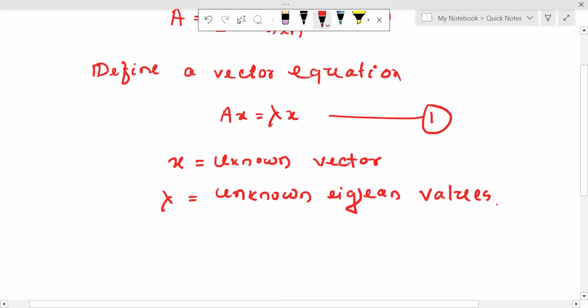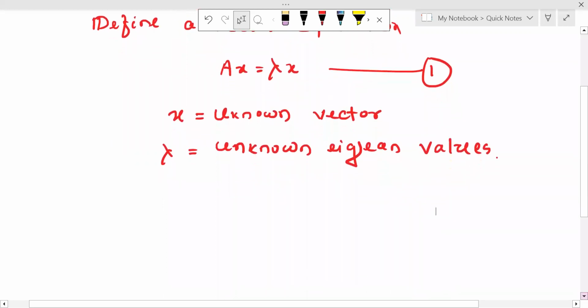Clearly, consider the zero vector, when we substitute x is equal to 0. What happens?